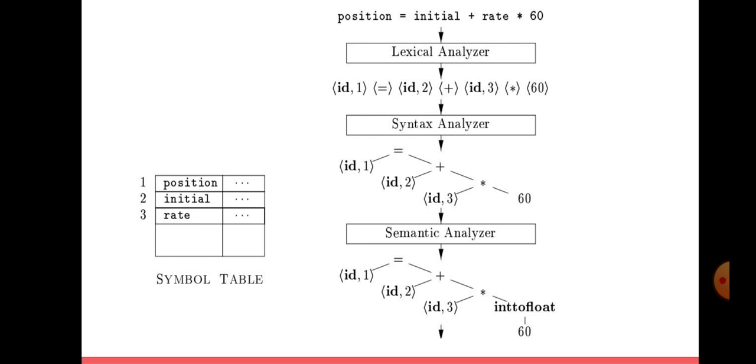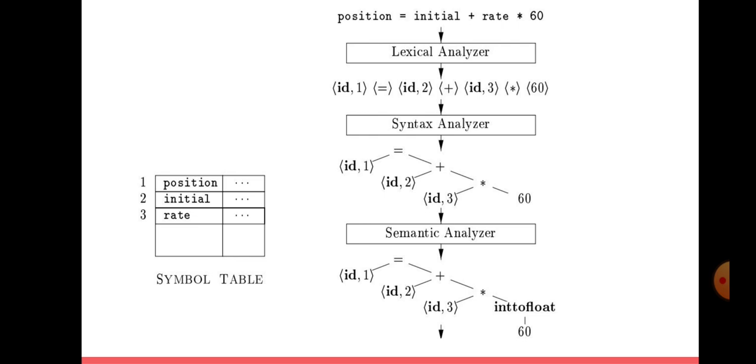The representation of this assignment statement, position equal to initial plus rate into 60, after lexical analysis is the sequence of tokens. You can also see in the PPT: id comma 1 is equal to id comma 2 plus id comma 3 into 60.